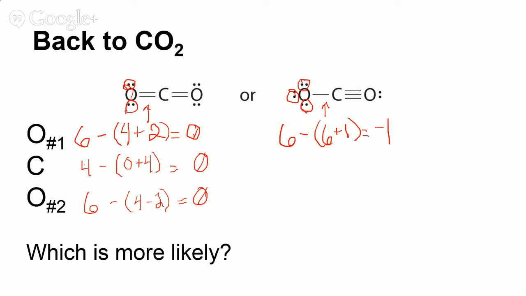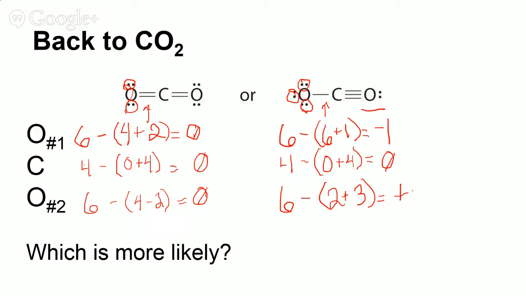If you take a look at this carbon, it'll be again 4 minus unshared electrons, which is 0, plus how many bonds does it make? 4, gives you 0. Then we take a look at that second oxygen over here. It starts with 6 valence electrons. It has 2 of its own, and it's making 3 bonds. So its formal charge would be +1.